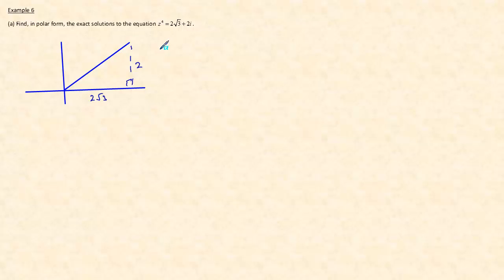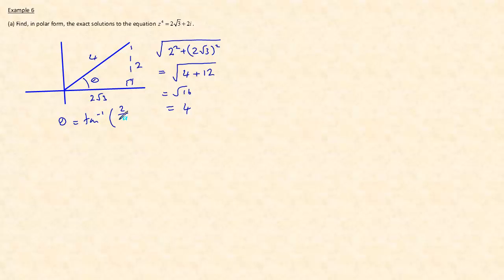So the modulus is going to be the square root of 2 squared plus 2 root 3 squared, which is root 4 plus 4 times 3, which is 12, so that's root 16, so that's 4. And then the angle here is going to be the inverse tangent of 2 over 2 root 3, which is the inverse tangent of 1 over root 3.